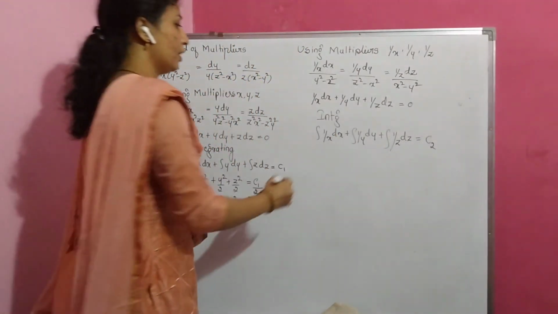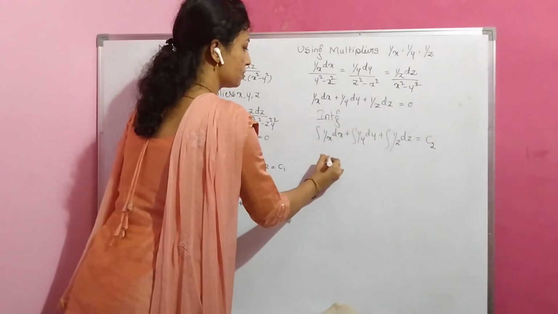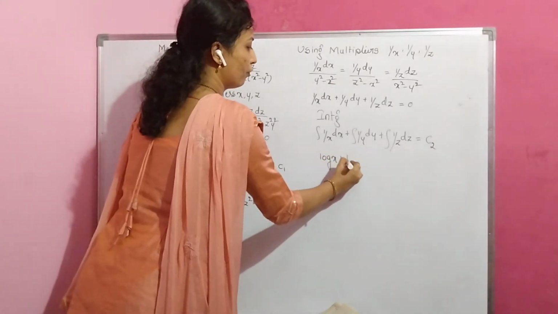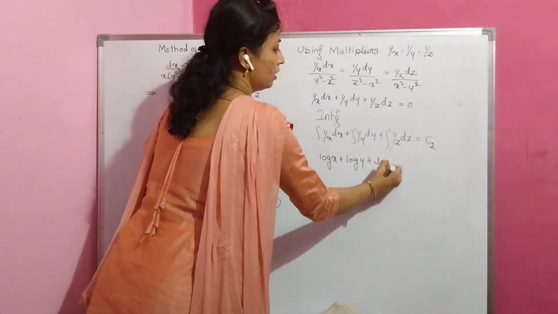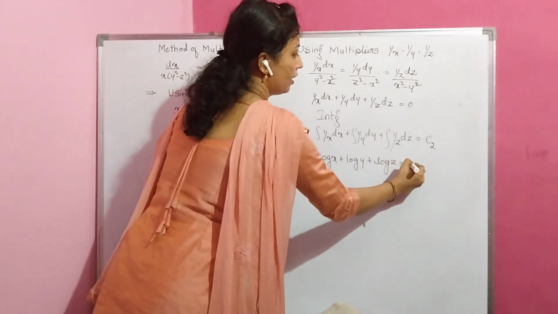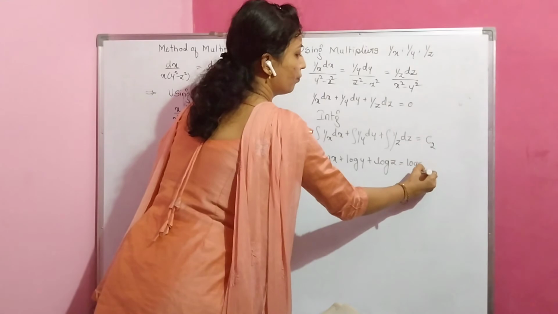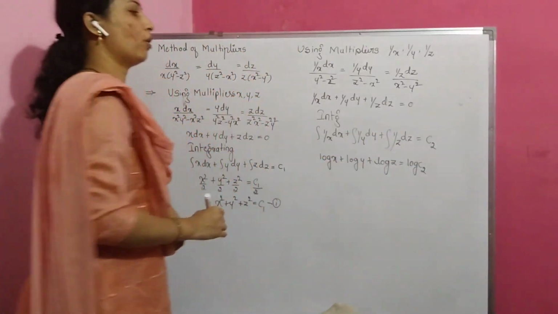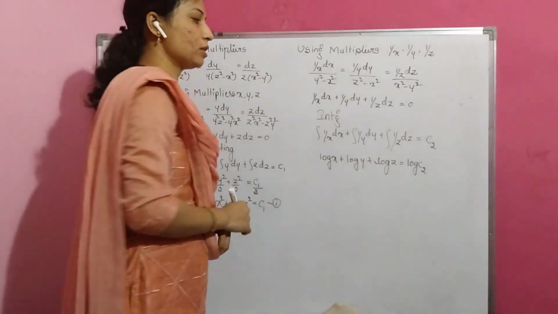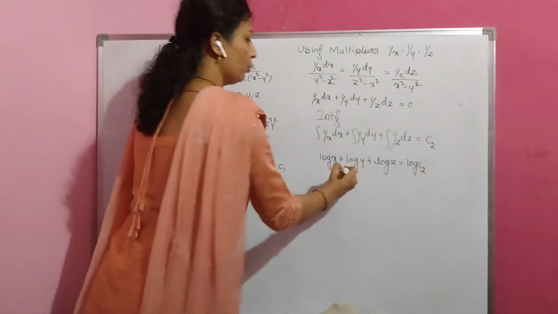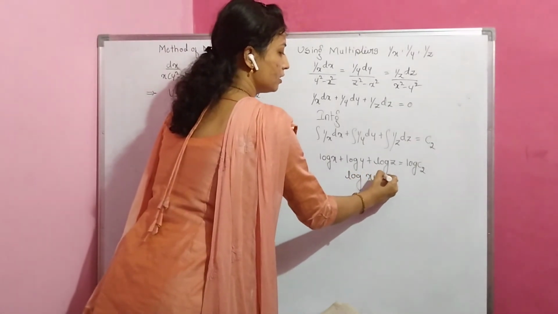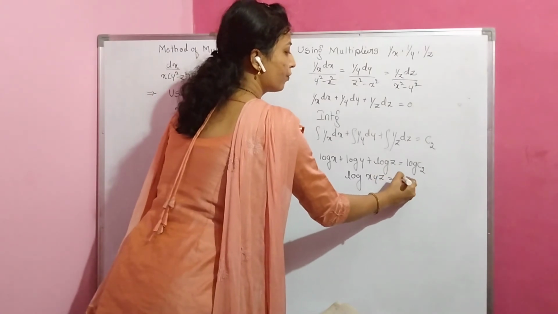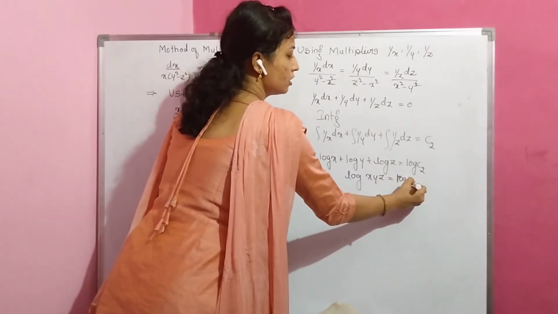Then next, integration of 1 by x with respect to x means it is log x plus log y plus log z, and the c2 can be written as log of c2. Then log x plus log y plus log z can be written as log of xyz is equal to log of c2.